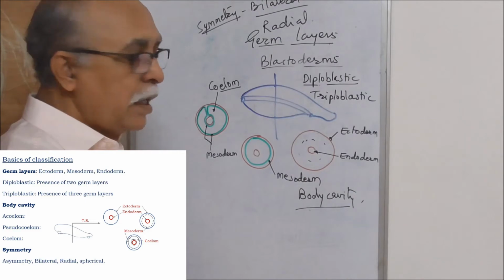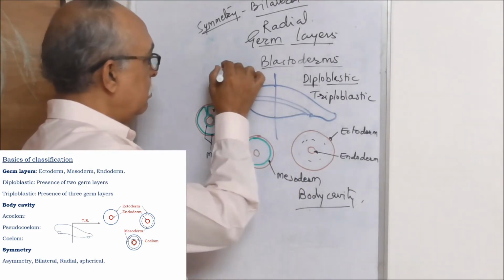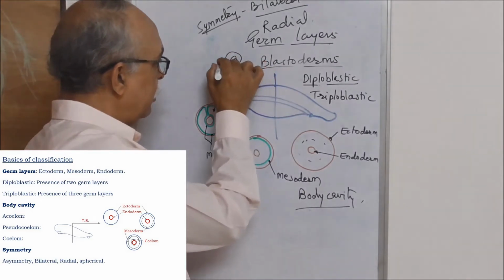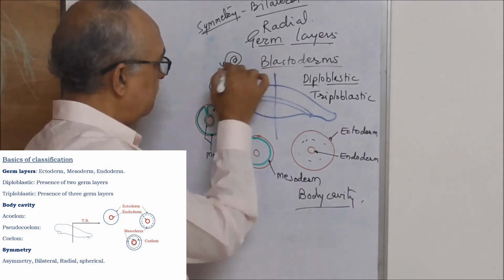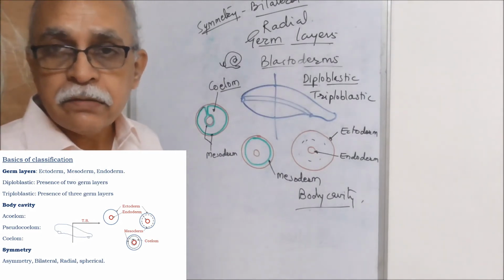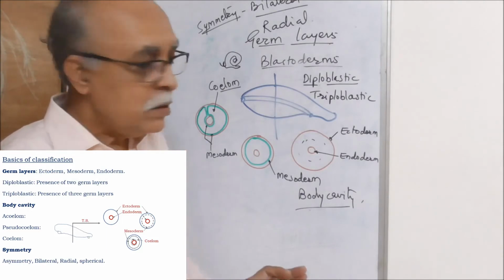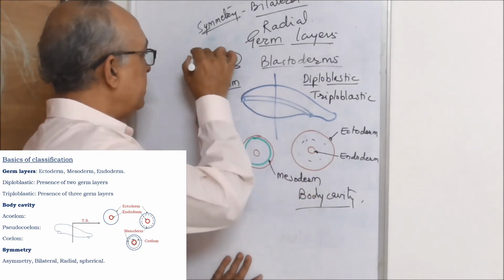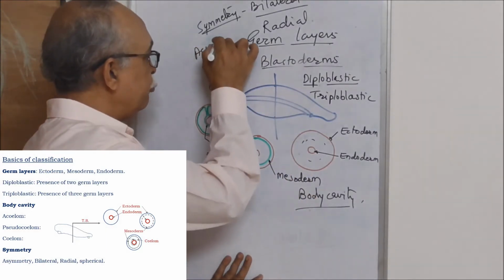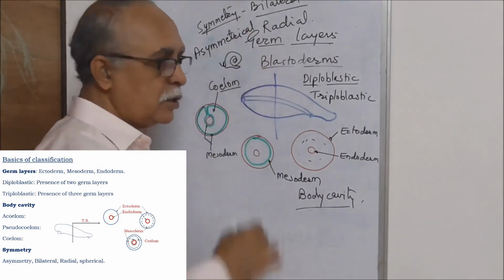Then an animal like a snail, with that coiled shell, cannot be divided into symmetrical parts, neither in one plane nor in more than one plane. Such animals are called asymmetrical animals. There is no plane of symmetry.